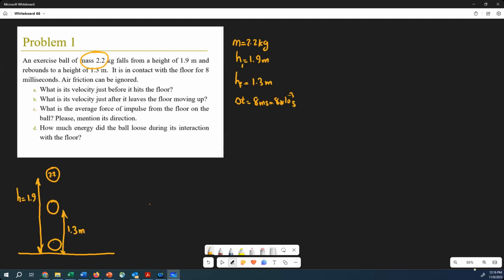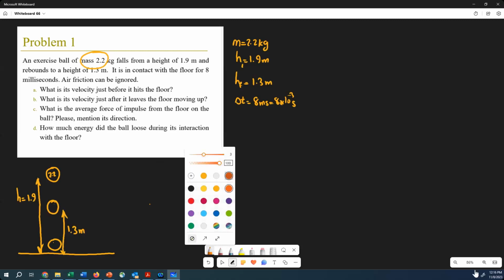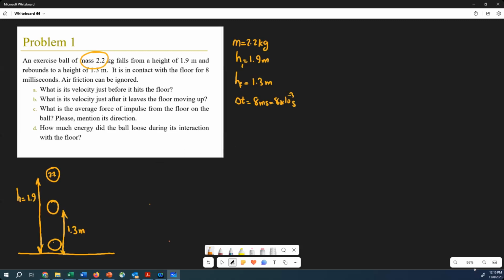Okay, and it's telling that at the contact point between the ball and the ground, it is 8 milliseconds, or 8 times 10 to the power of -3 second.